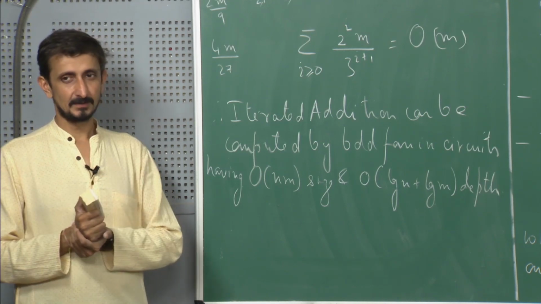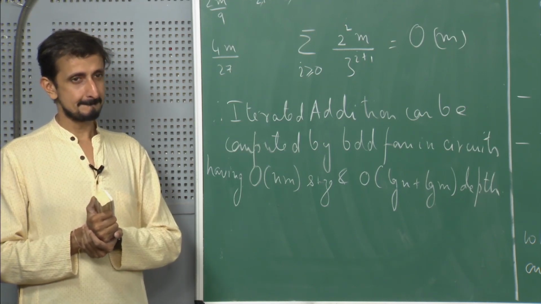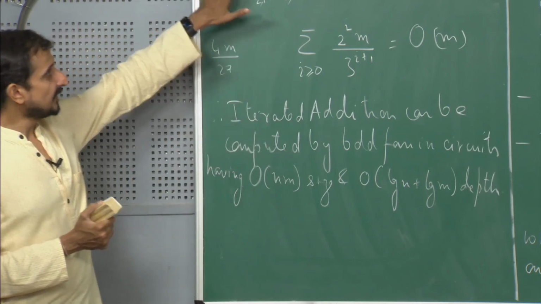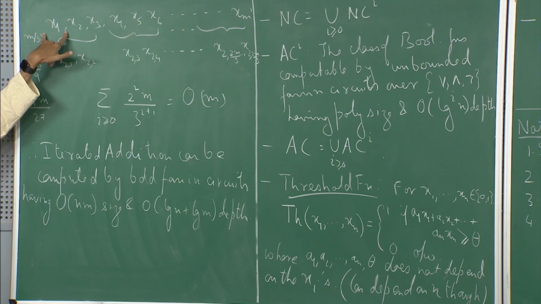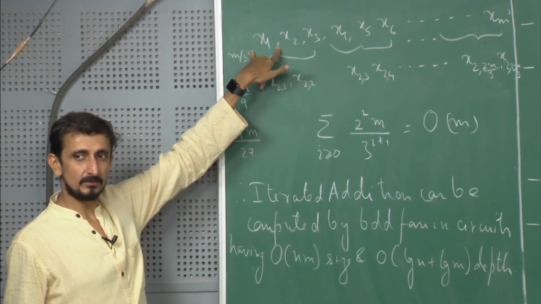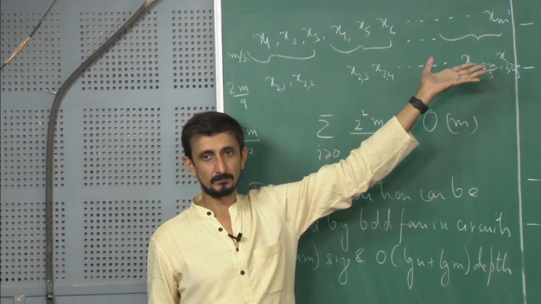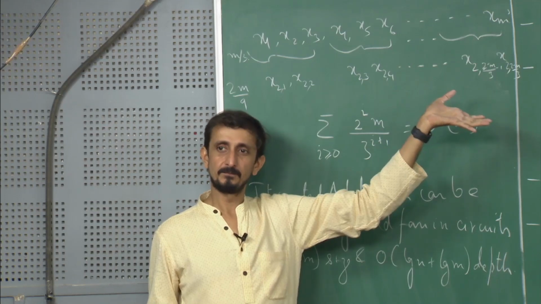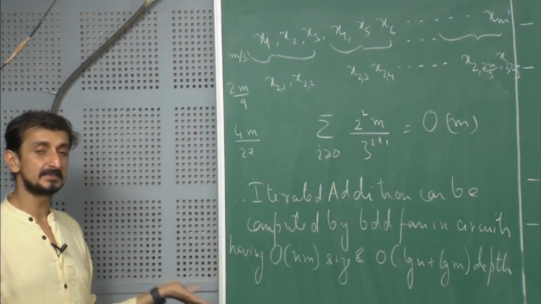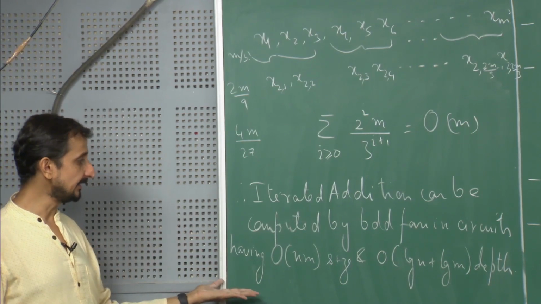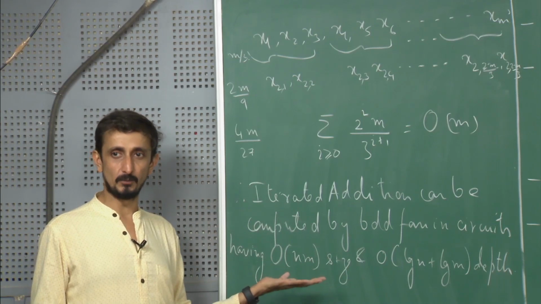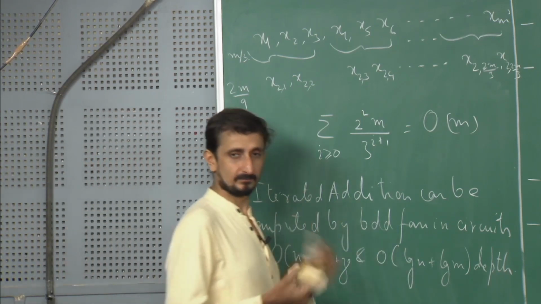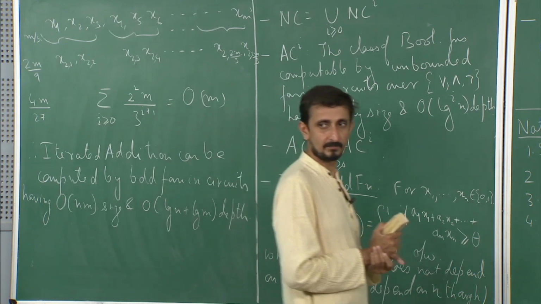Is it quadratic? So look at the input. We have m numbers. How many bits does each number have? Each number has n bits, right? So the size of the input is nm. So actually what we are getting is optimal: an order nm size circuit. It is linear in the size of the input, and it has logarithmic depth.